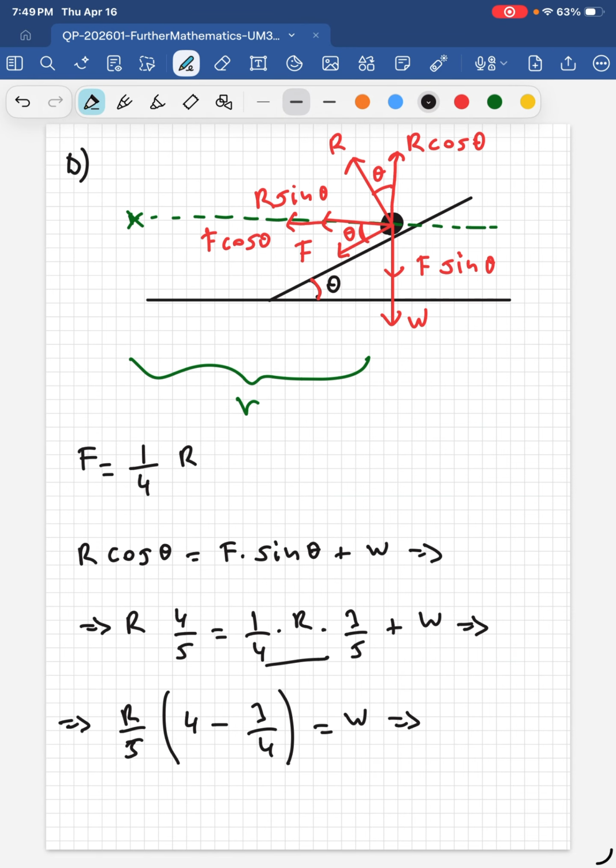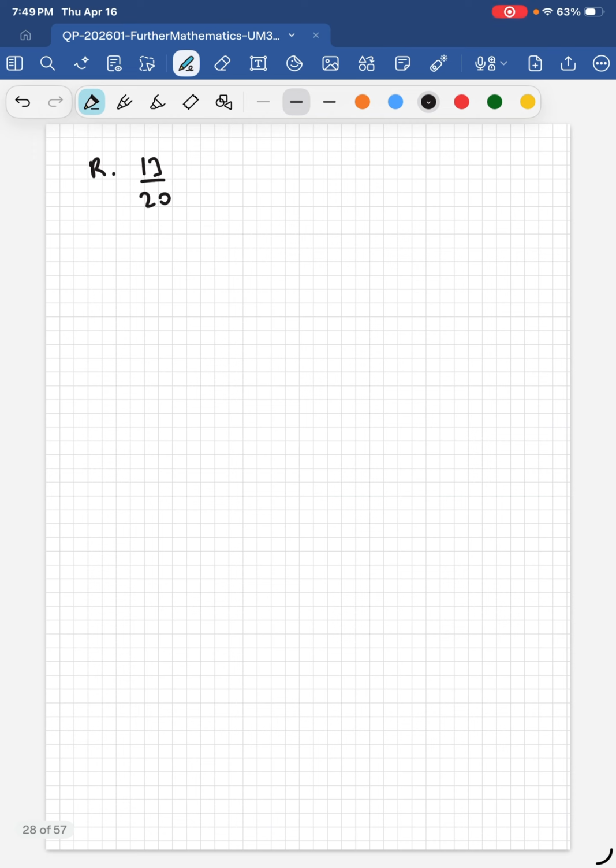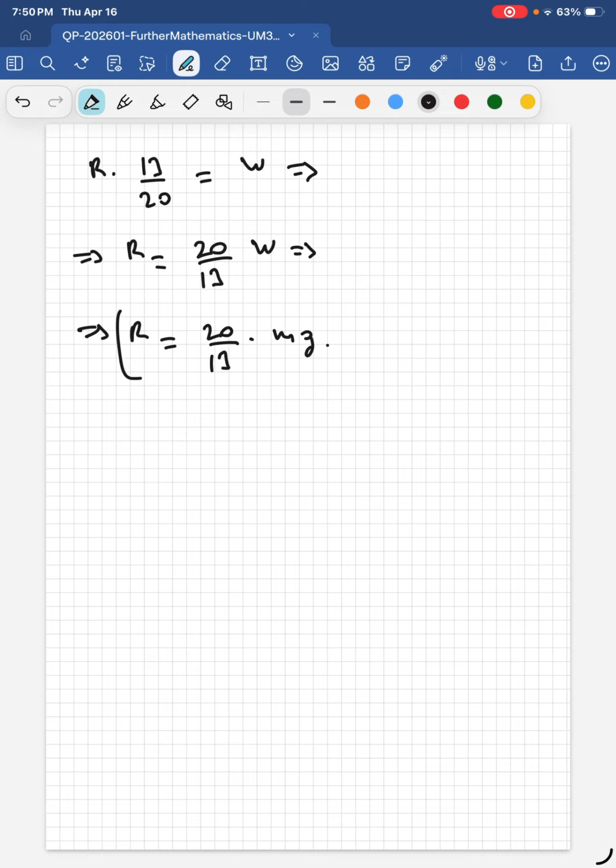So yes, wait, something confused me. So 4 is 16/4, so minus, so 13/20 is correct. Okay, excuse me for that, it took me a moment. So this is equal to the weight, okay? So R is 20/13 times the weight. So the reaction force is 20/13 times m times g.